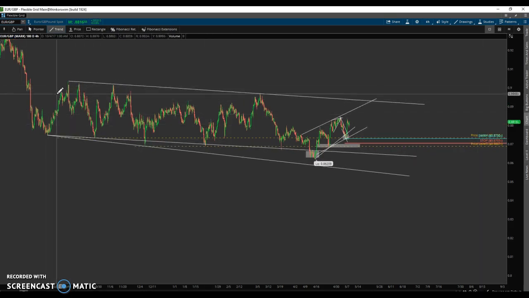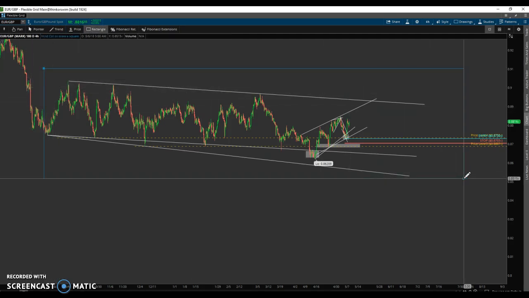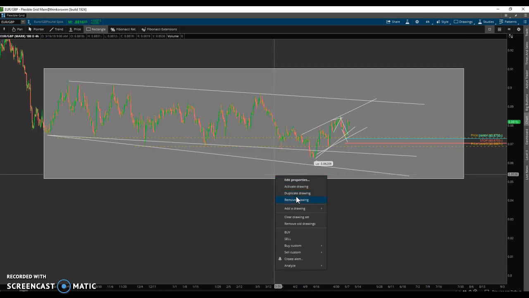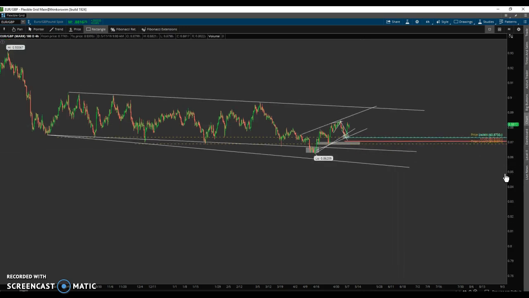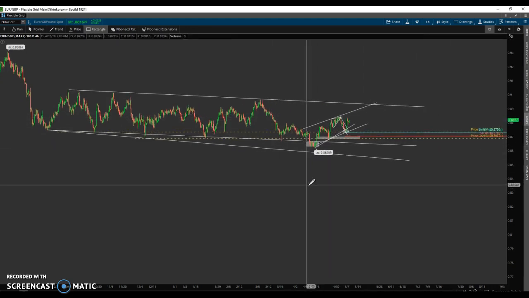Even though we don't seem to be trending within this structure, we are trending within this structure. Hope that makes sense. So currently we're just riding this micro bullish trend here on the Euro Pound.